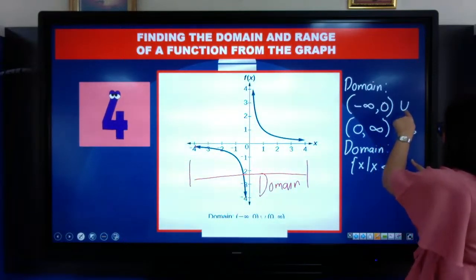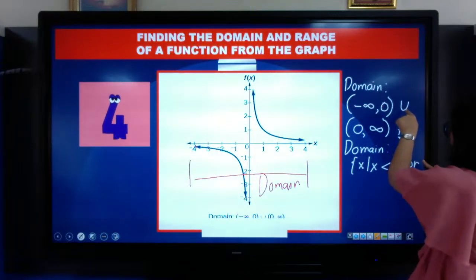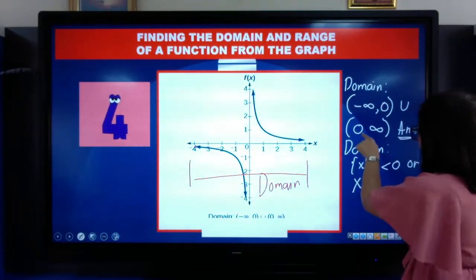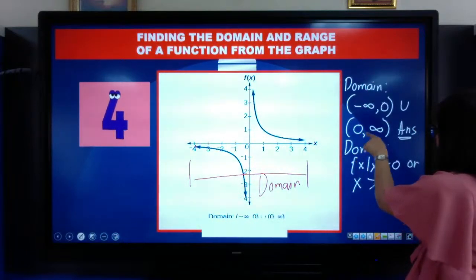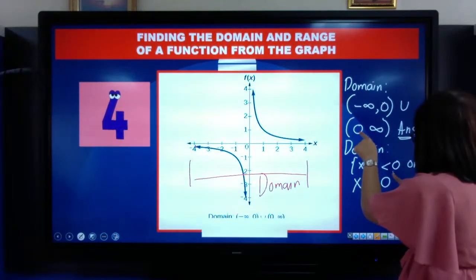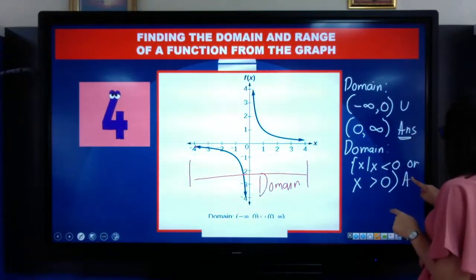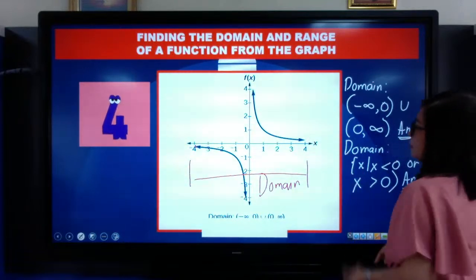And this union is or x is what? More than, or greater than 0. Okay, this is another way of writing the answer for the domain.